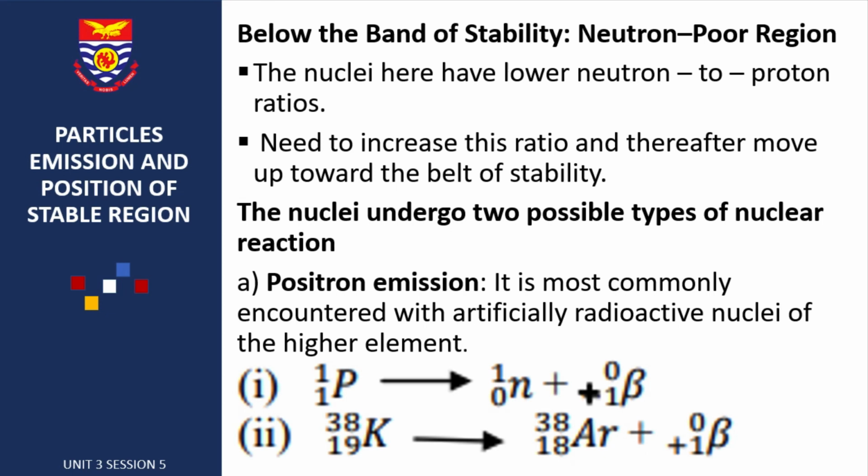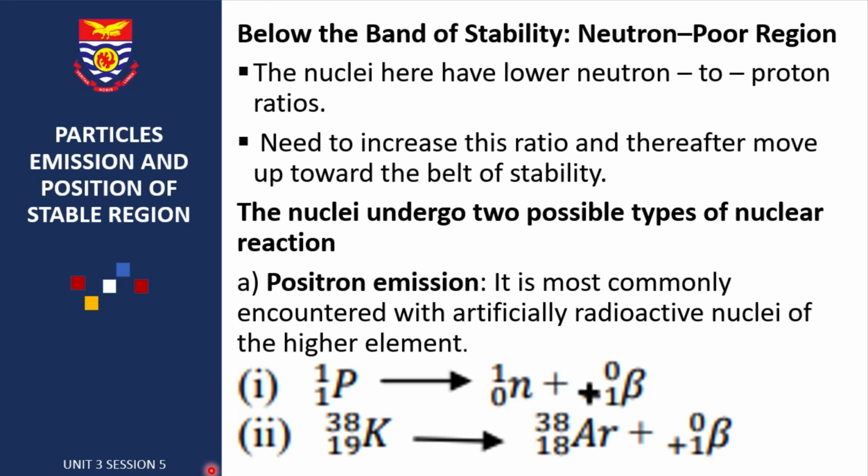One of them is positron emission. In positron emission, a proton is converted to a neutron, and this is what results in the emission of the positron.